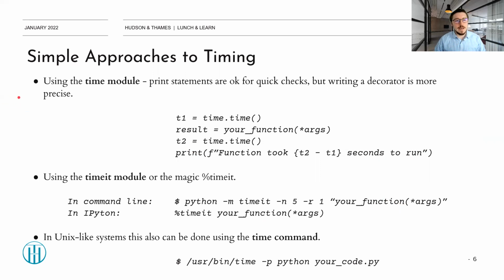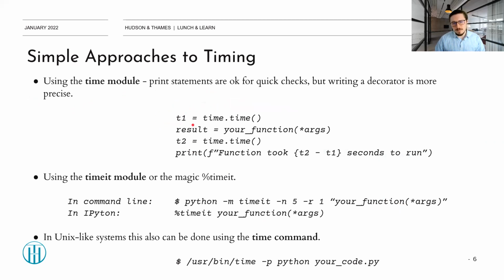The first thing that we're looking at is timing and a few things that can be used. So it's the time module, a built-in Python module, and you would essentially print statements of when you started the timer and ended the timer. It's okay for very quick checks, and I assume you're using this already. But if you want to be a bit more precise, it's better to write a decorator that would take your function as the input, and then outside of the function calculate the time it took to run your function.